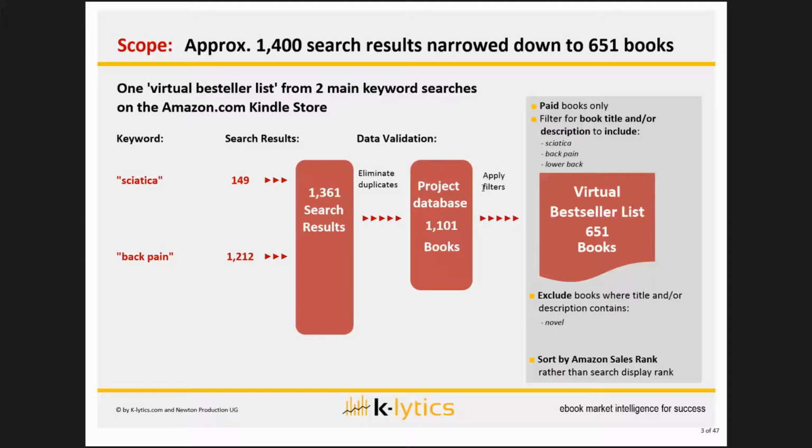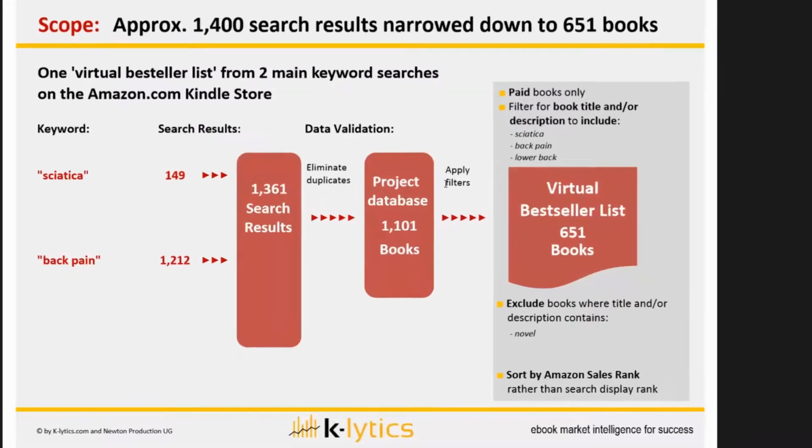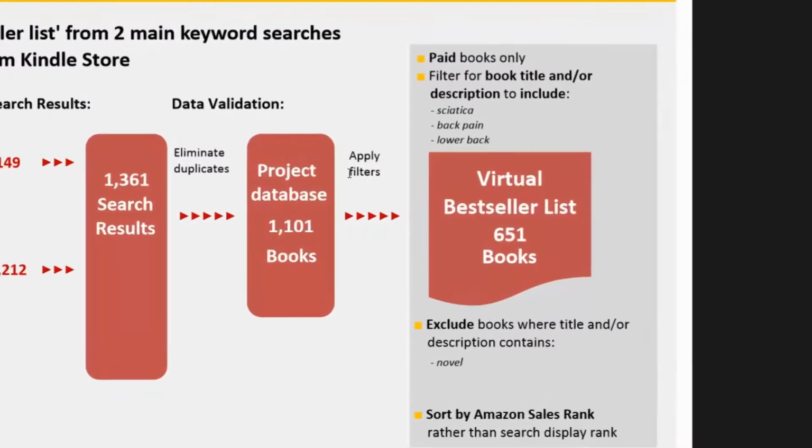We excluded books with terms such as novel that would be associated with a non-fiction title, and then sorted, as said before, by the real Amazon sales rank rather than the search display rank. This way we get a virtual bestseller list for this niche market that contains 651 books.